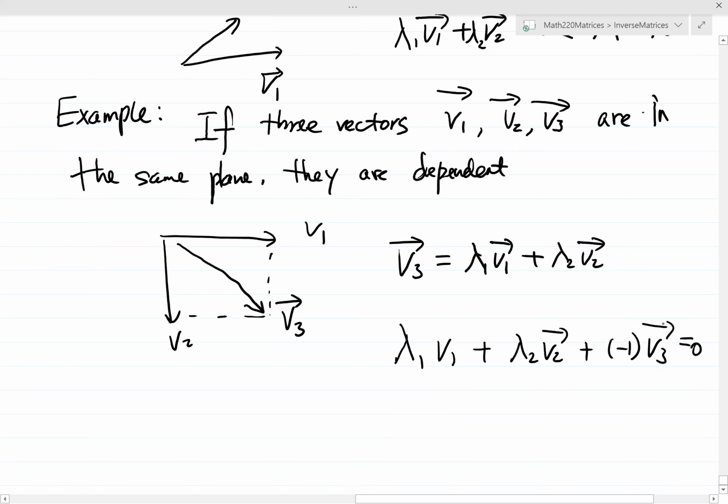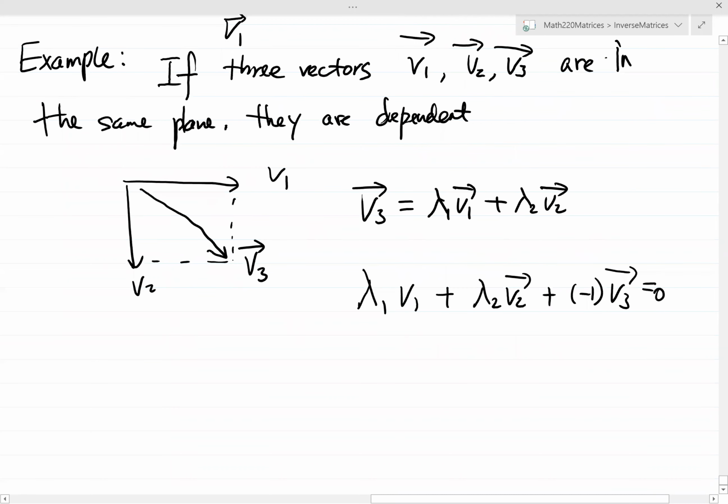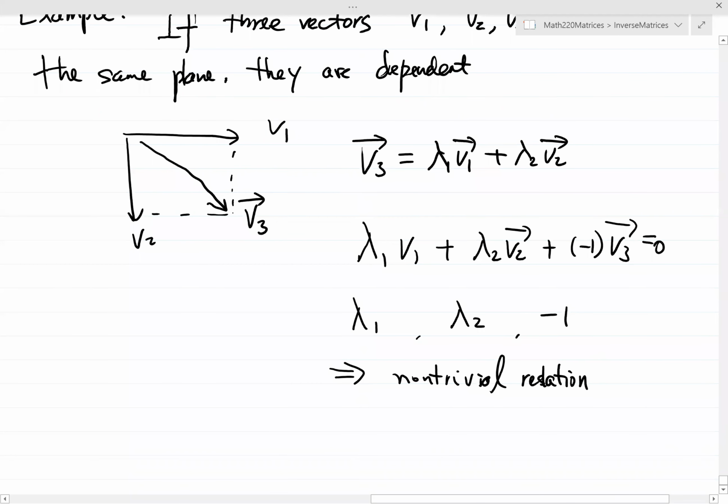So you have a non-zero solution: lambda 1, lambda 2, and negative 1. This linear combination gives you the zero vector. So this is a non-trivial relation between V1, V2, V3, which means they are not free. They are actually dependent on each other.